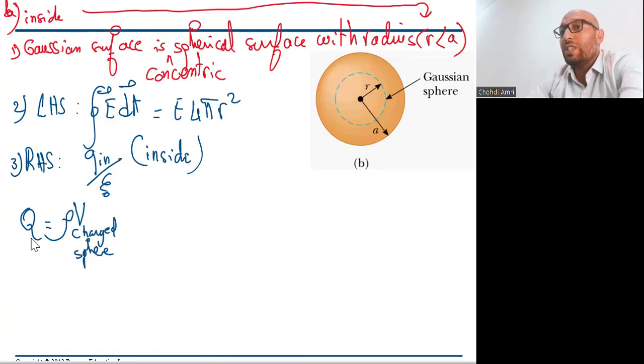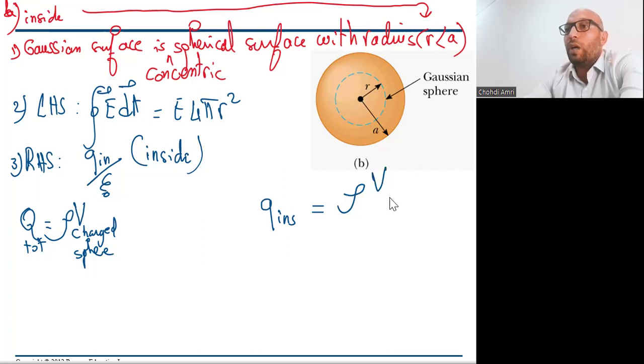But now we will not take the total charge. No, we will take a portion of charge, Q inside. Q inside will be equal to rho multiplied by the volume of the Gaussian sphere.